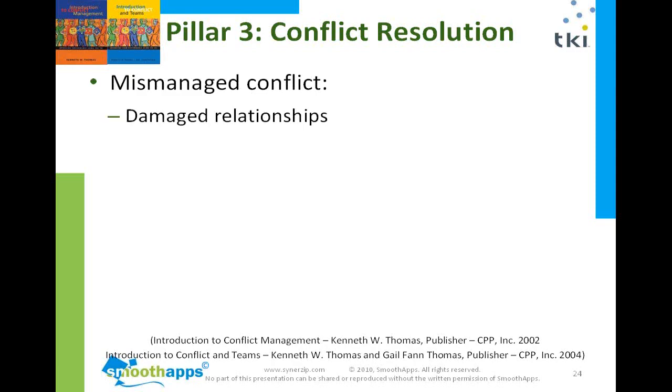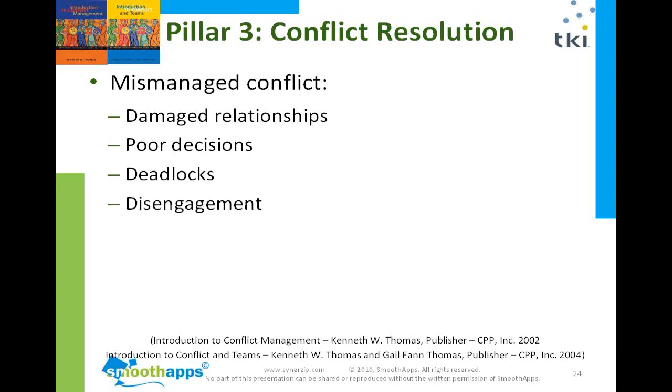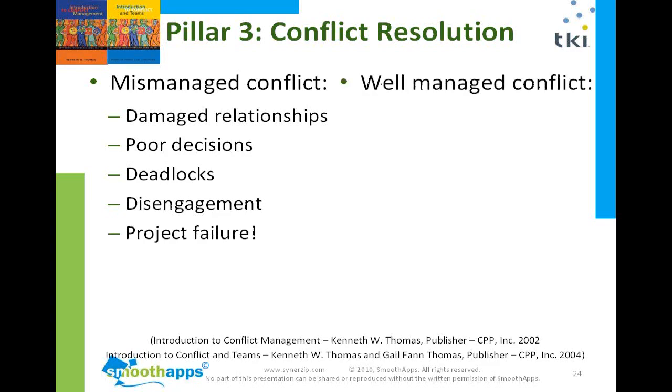Now, if a conflict is mismanaged, we are familiar with the consequences. You have damaged relationships, you don't make the right decisions, you have deadlocks and escalations. People can get disengaged, and in an extreme case, your project can fail. Now, if you manage conflict well, if you steer it in the right direction, you have people who understand each other.